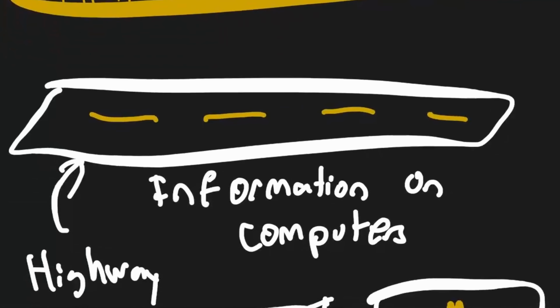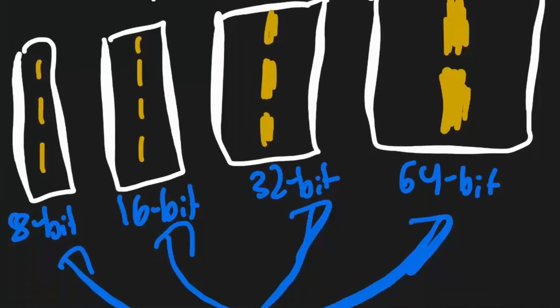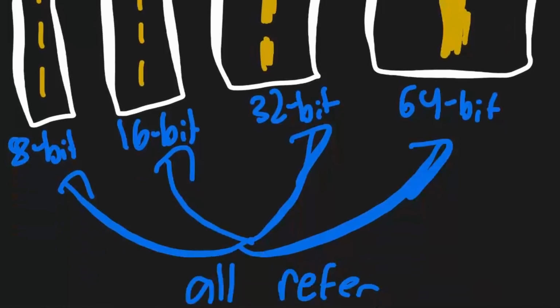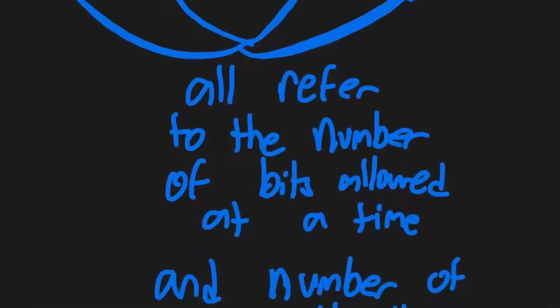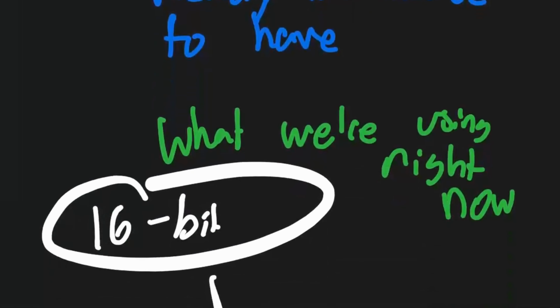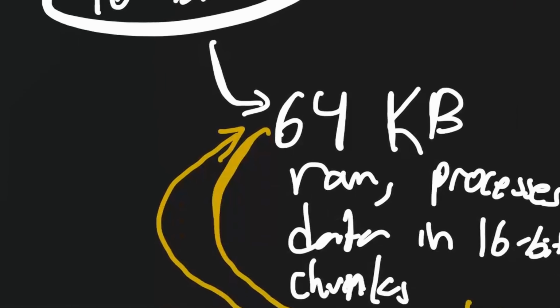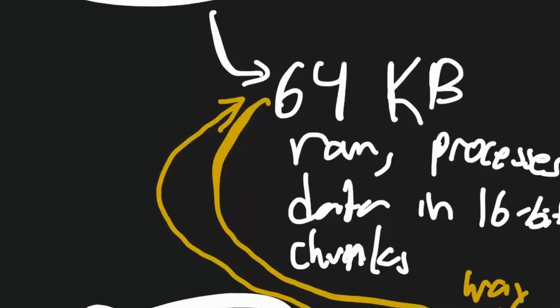And information on computers can be imagined as traveling on a highway. The size of the highway can change how many bits are allowed to travel on it at a time. These all refer to the number of bits allowed at a time and the amount of memory it's allowed to have. Right now we're using 16-bit, which gives us 64 kilobytes of RAM and processes data in 16-bit chunks.